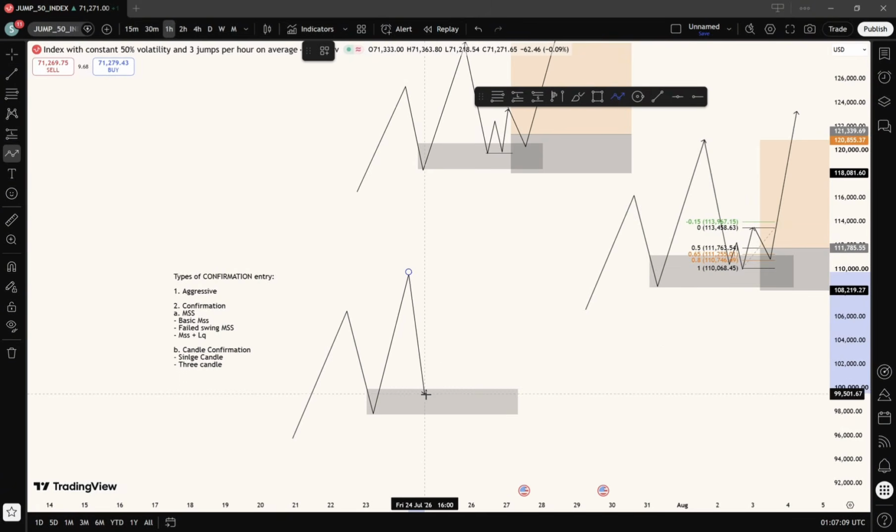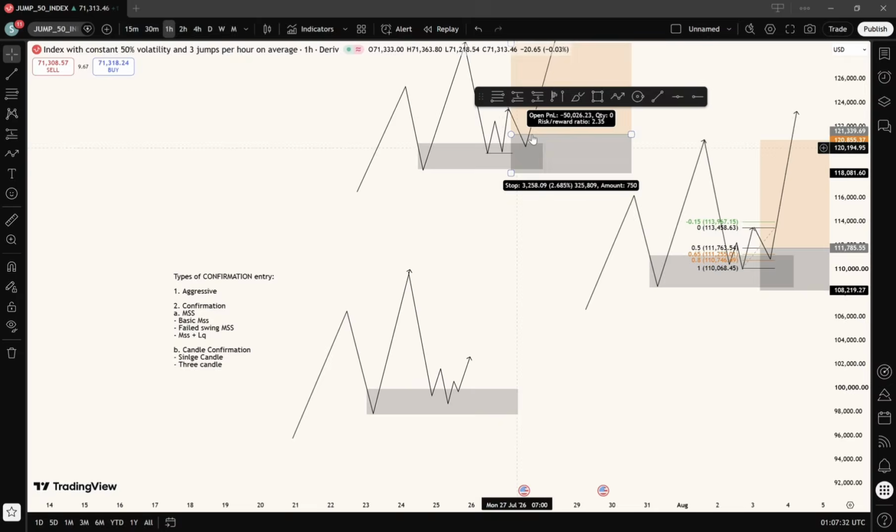Immediately price taps into this POI, pushes up, then sweeps the liquidity here. Then before breaking above, price will create something like this on the lower time frame, then break above. This pullback here is the liquidity. That's why it is called MSS plus liquidity.